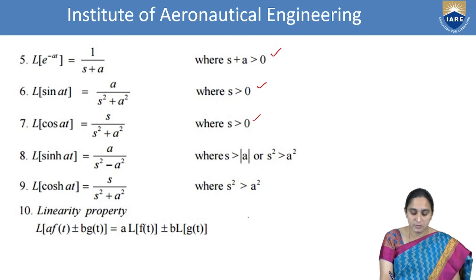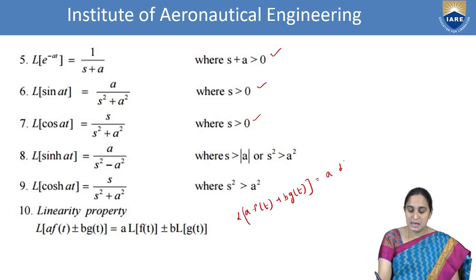Simply I'll write the formula of the linear property: Laplace of a into f of t plus b into g of t is equal to a into Laplace of f of t plus b into Laplace of g of t.